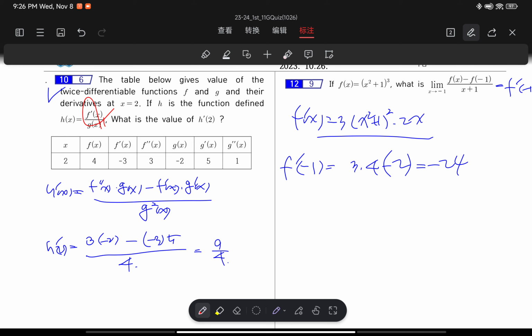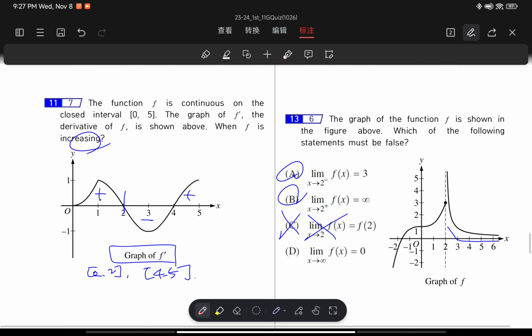Okay, so put in x equal to 2, then h prime 2 equals 3, g(2) equals minus 2, f prime 2 equals minus 3, g prime 2 equals 5, and f(2) equals minus 2. So the answer is 9 divided by 4.